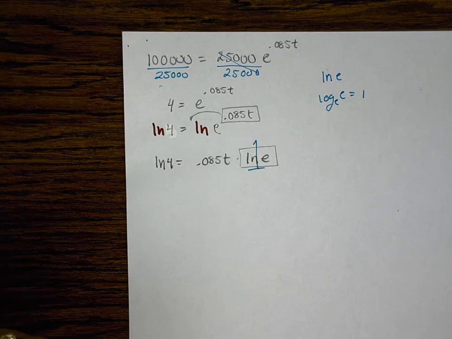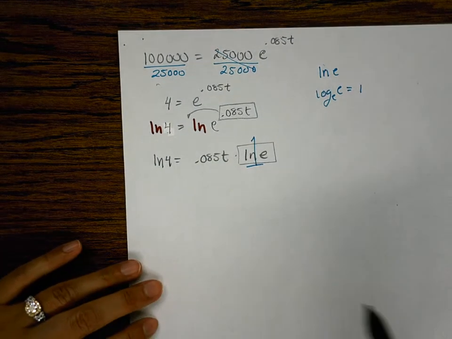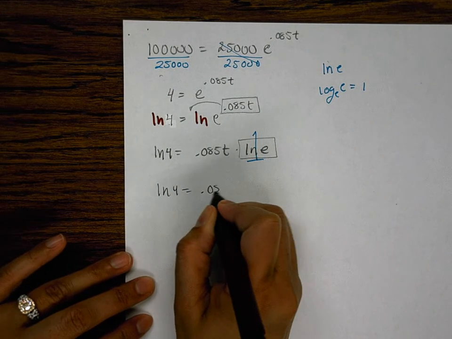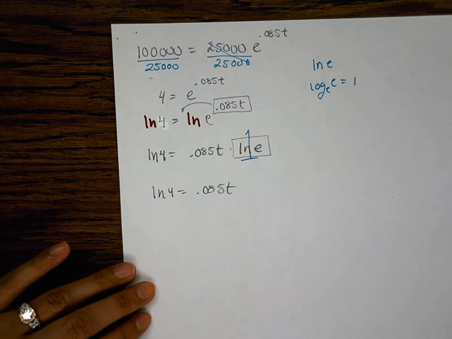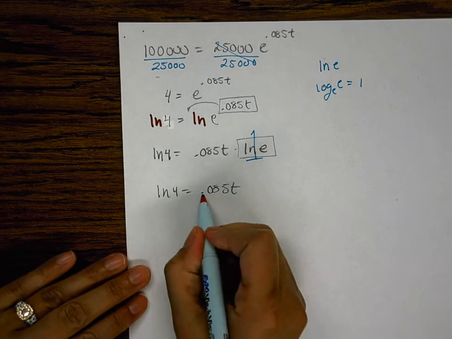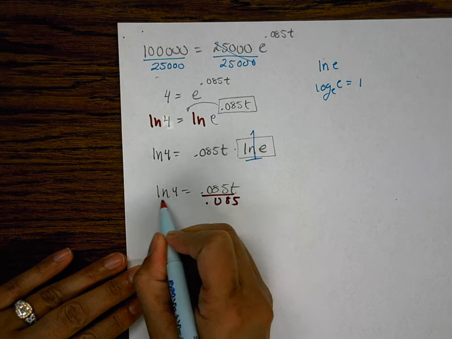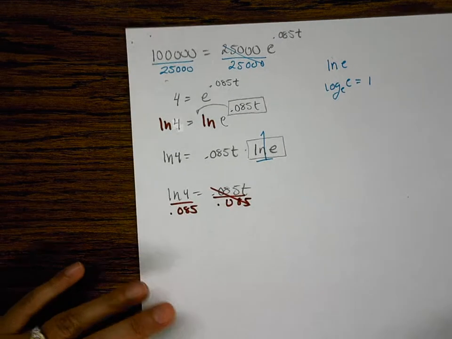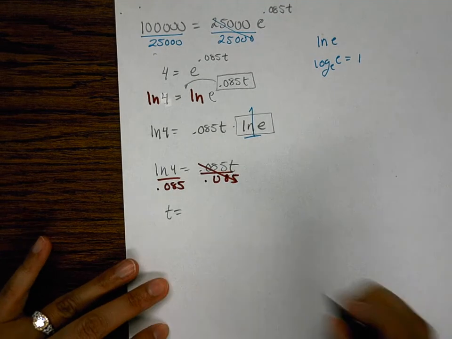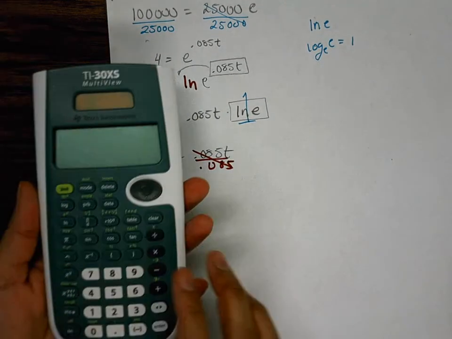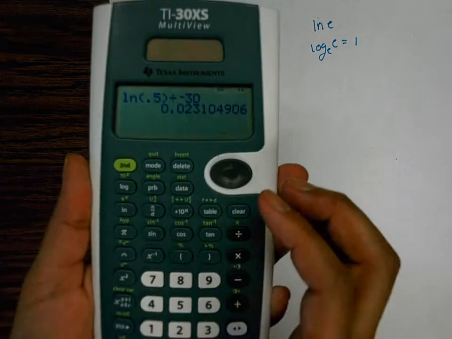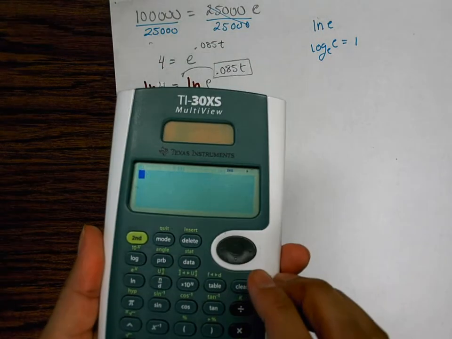So that's a big 1 in disguise. So I have ln of 4 equals 0.085t, and I'm really close. I just have to divide both sides by 0.085. 0.085, gone. t equals, and then this is what we plug in our calculator.